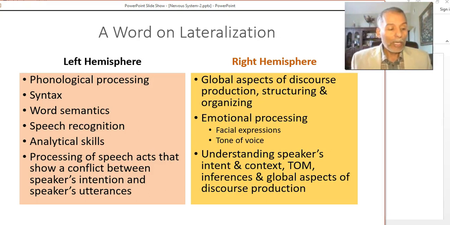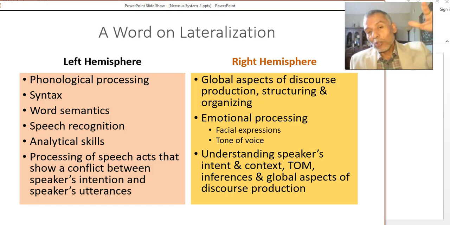For example, when you say it is raining cats and dogs, immediately the left hemisphere will say, oh, cats and dogs, raining, and you're going to look up to see if cats and dogs are coming down like snow, falling from the sky. But the right hemisphere says no. And then you suppress the literal interpretation, and you give rise to, no, that means that it is raining heavily.